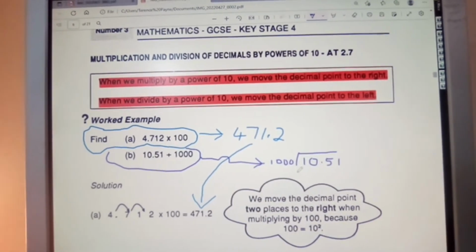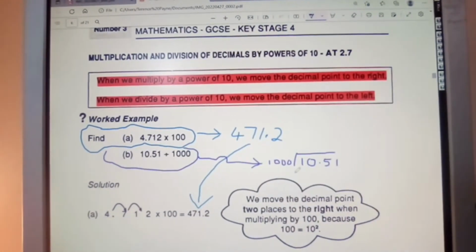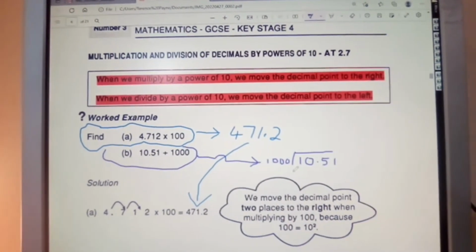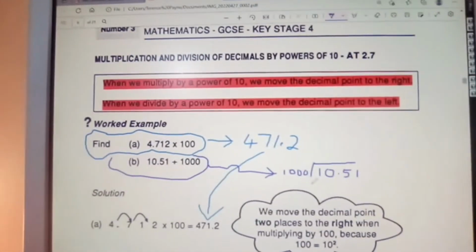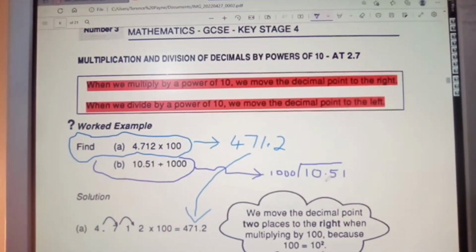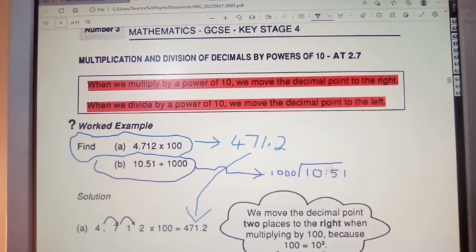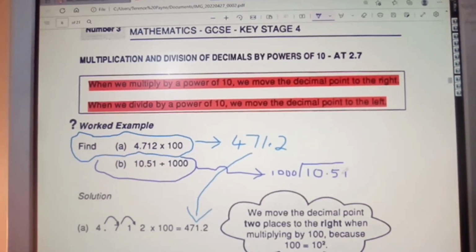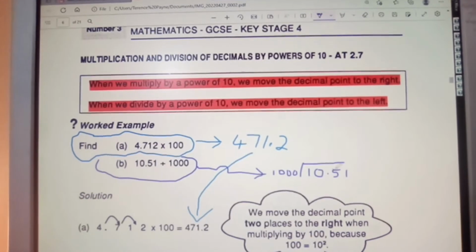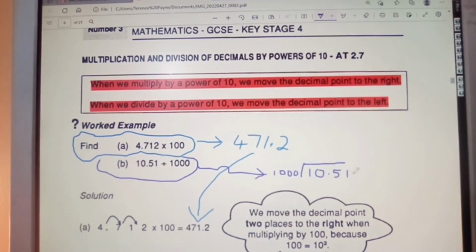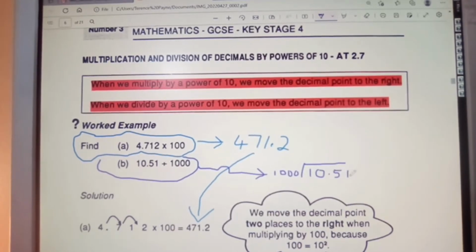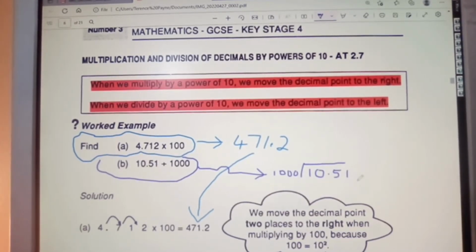Now this is just another way of looking at it. So we can move the decimal point 2 places to the right and make this a whole number, which will make it 1,051.